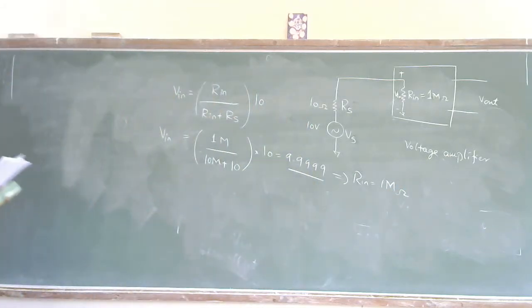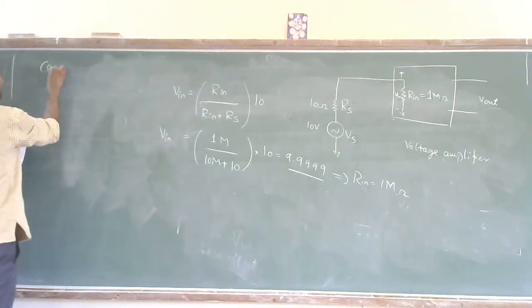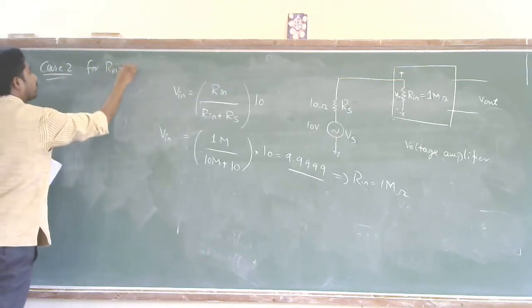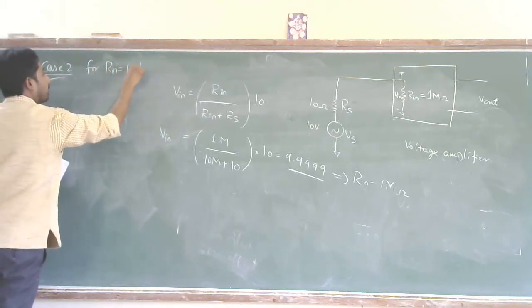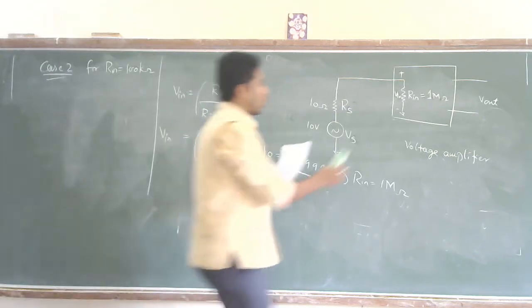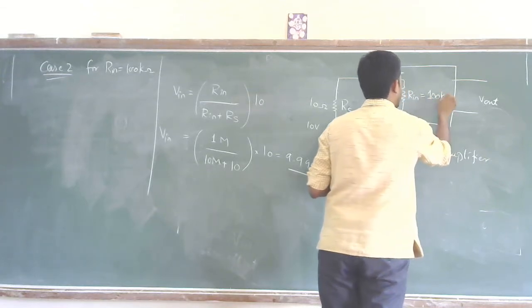Right. So let me consider Rin equal to 100 kilo ohm. Case number 2, for Rin equal to 100 kilo ohm. So now, instead of 1 mega ohm, I am taking 100 kilo ohms. Let's try to understand what is happening over here.